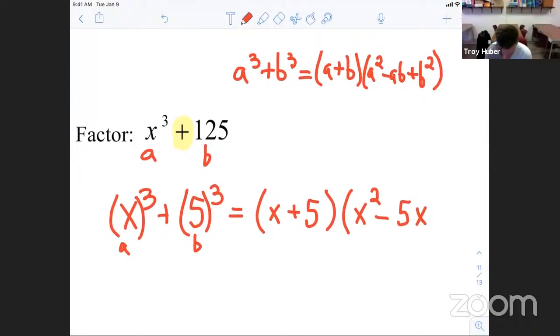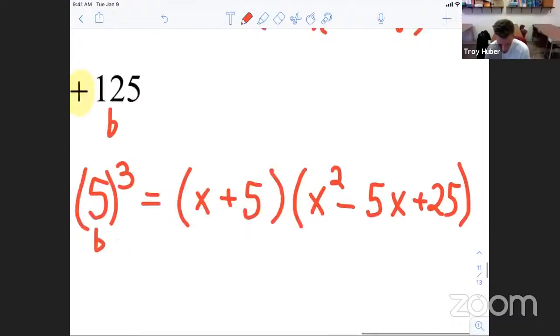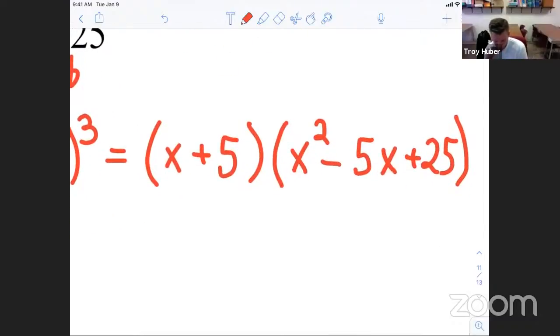And then plus b squared, and b is 5, so 5 squared would be 5 times 5, which would be 25. And this would be our factored form right here.